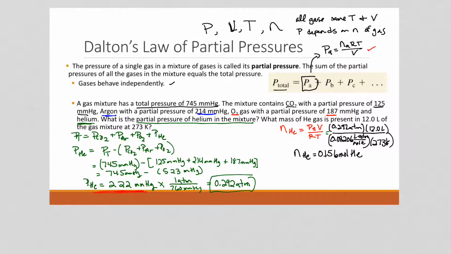Now that I know moles, now I can get to mass. So if I take my 0.156 moles of helium, and I use the molar mass, 4.003 grams of helium per mole, I get 0.626 grams of helium.